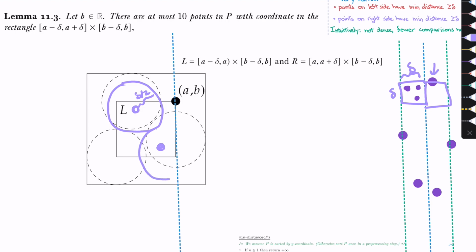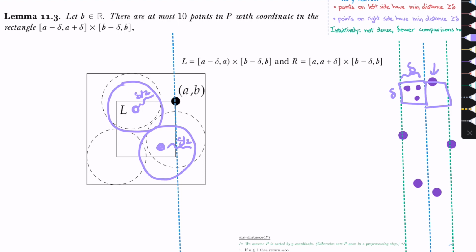That's not really centered, but that's okay. If the centers are delta apart, then these balls have to be interior disjoint. So I can put a ball of radius delta over 2 centered at each point, and they have to be disjoint from each other. That's step 1.